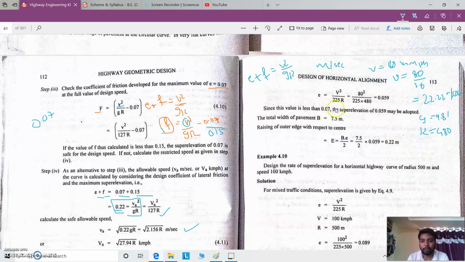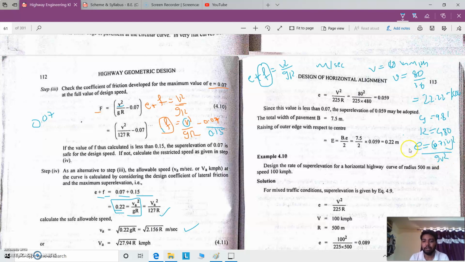Before calculating this super elevation, the mixed traffic condition is given, so that F is eliminated, so that E will be 0.75 V whole square divided by gR.